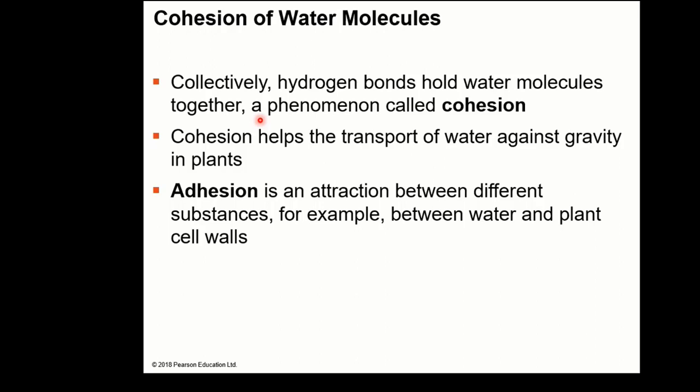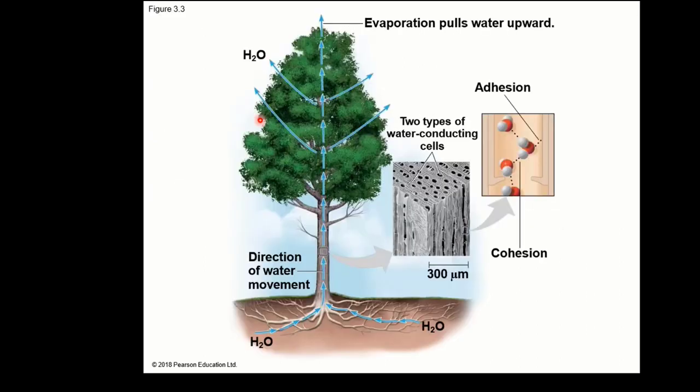So cohesion helps transport water against gravity, while adhesion is between water and the plant cells. Here is the illustration. If you look at the structure of this tree, you'll see that evaporation pulls water upward. That's the process of evaporation.